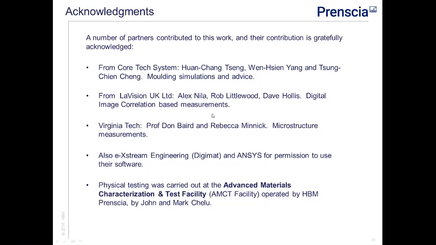LabVision helped us with the digital image correlation, Virginia Tech with microstructure measurements. The FE was carried out using ANSYS. Digimat supported us by allowing us to use Digimat for the homogenization. All the physical testing, however, was carried out in-house at our advanced materials characterization and test facility.